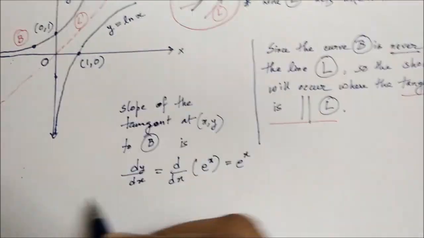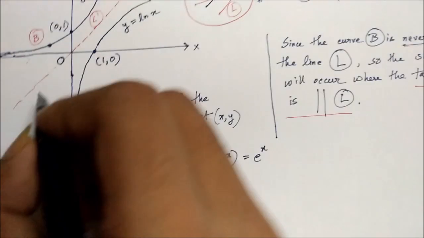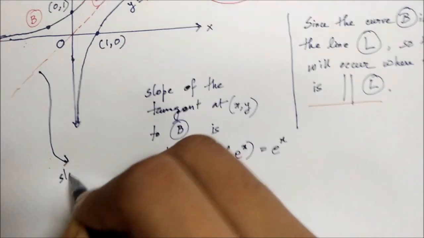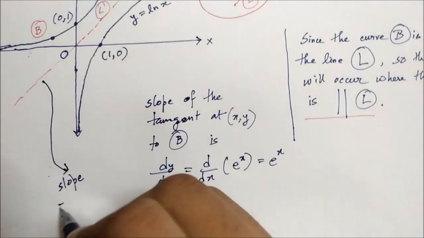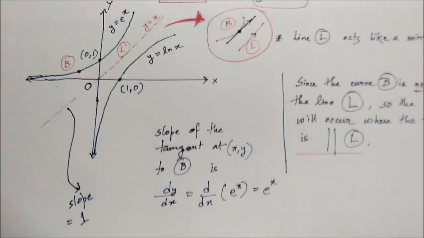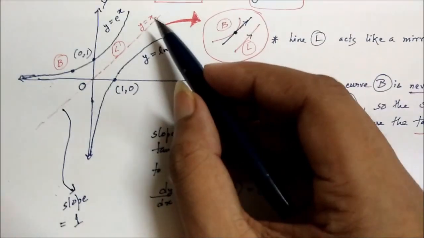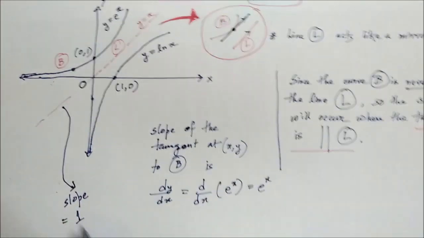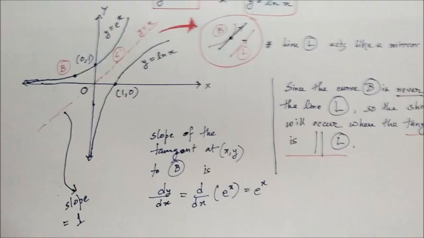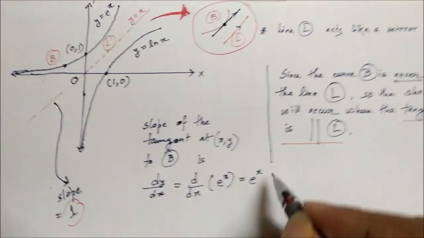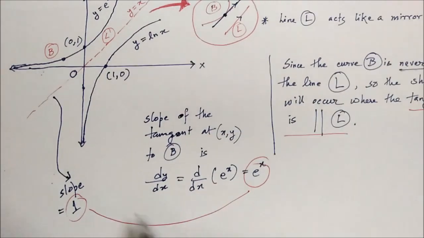And this line, what is the slope of this line? It's 1. It's obvious. If you compare with y equals mx plus c, it's y equals 1 into x. So the slope is 1. So ideally, the point we want, this has to be equal to this.